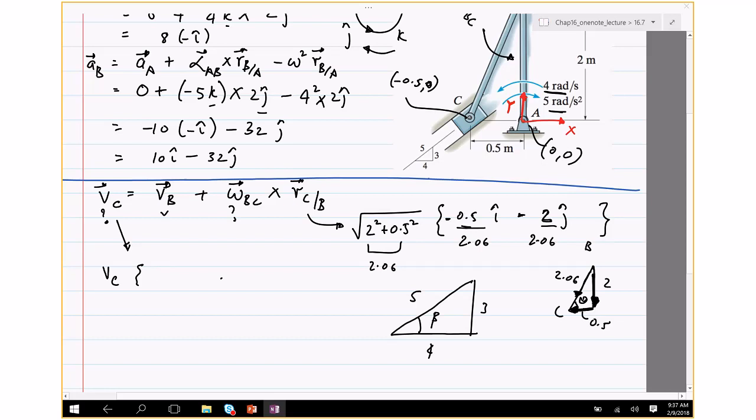So this direction is going to be cosine of beta, pointing in the negative I direction, like so. And then the other component is going to be sine of beta, pointing in the negative J direction, like this.